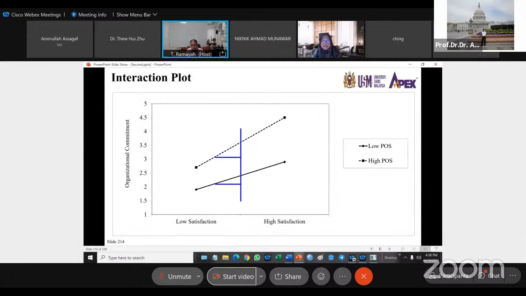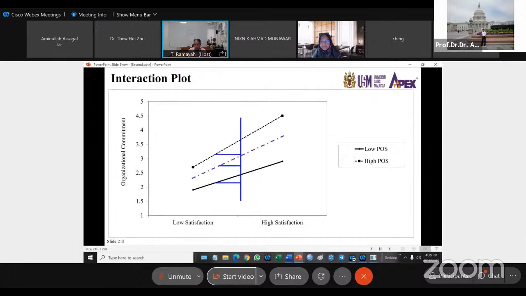What we will find is the relationship between the independent and dependent variable is stronger for one group, weaker for another group. So when we have this kind of situation, the relationship will be weaker than what is supposed to be. That is where we start introducing a moderator to make the relationship more consistent. Okay, more consistent.